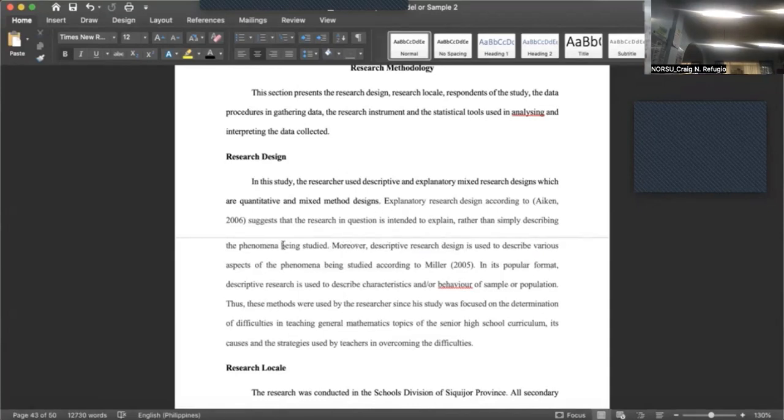This one is ICANN, and according to ICANN, suggests that the research in question is intended to explain rather than simply describing the phenomena being studied. Moreover, descriptive research method design is used to describe various aspects of the phenomena being studied according to Miller 2005.